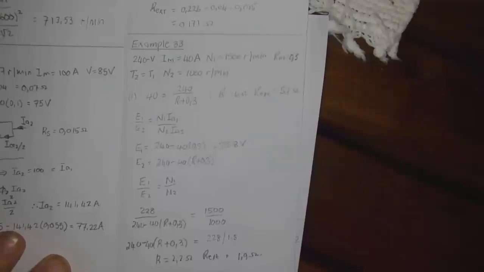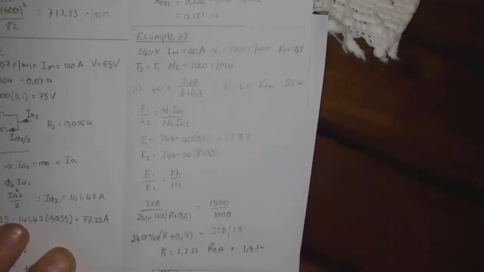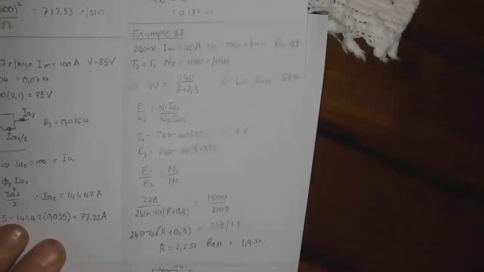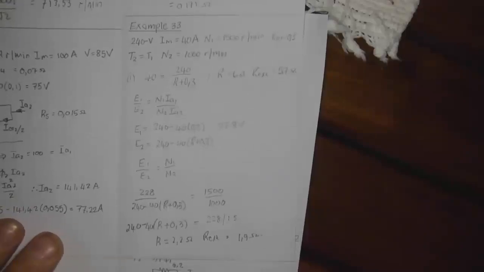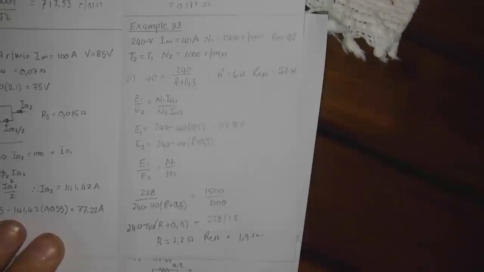And E1 over E2 is N1 over N2. And that's 228 over 240 minus 40 times R plus 0.03 is equal to 1500 over 1000. If we calculate R2, we find that it's 2.2 ohms, and therefore the external resistance is 1.9 ohms.